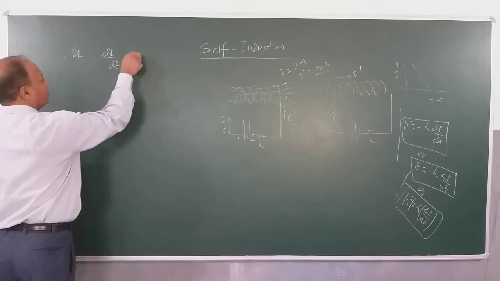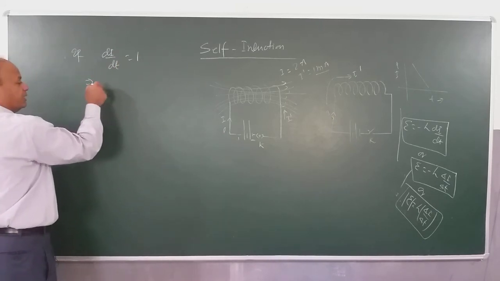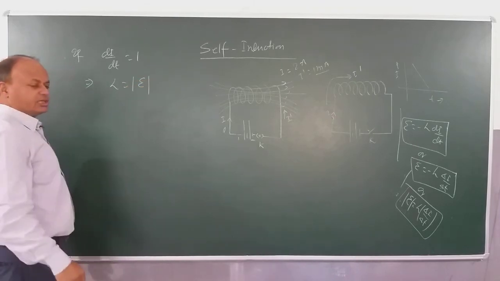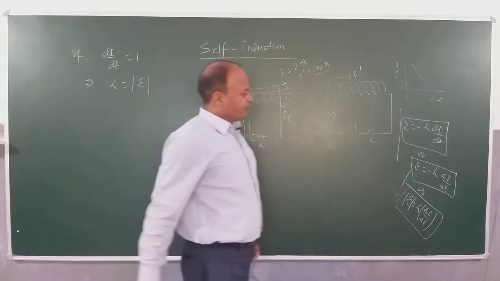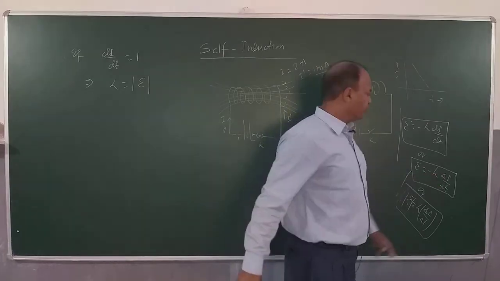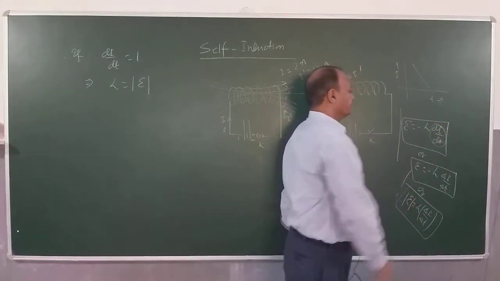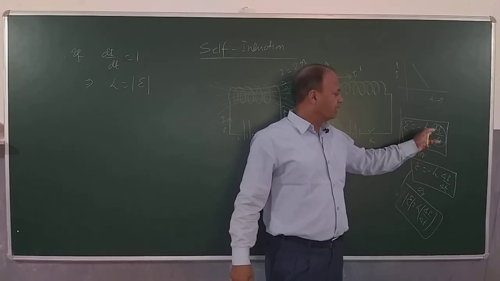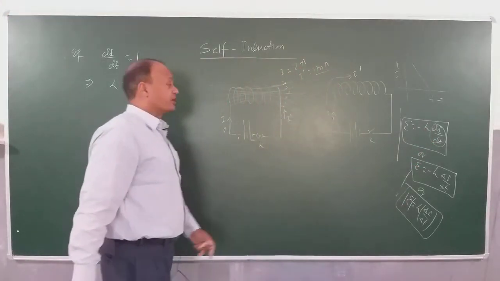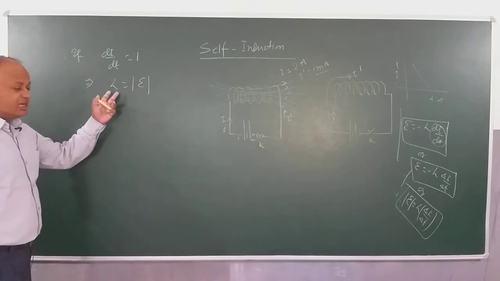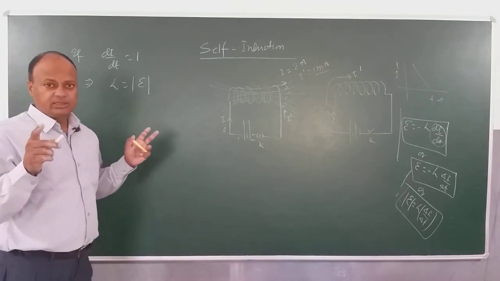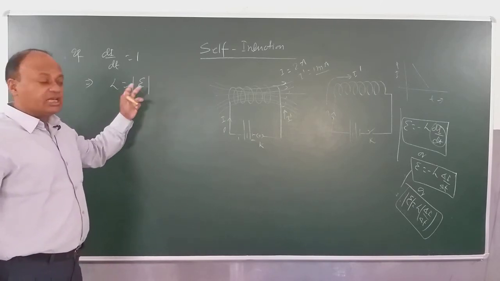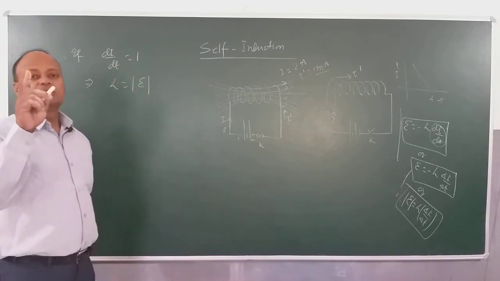If dIdt is equal to 1, then L is equal to modulus of E. Children, if in this equation, if I put this dIdt is equal to 1, then minus L will be equal to E. If I ignore the sign, then L will be equal to E. So here we can define self-inductance of a coil is equal to induced EMF if rate of change of current is unity.